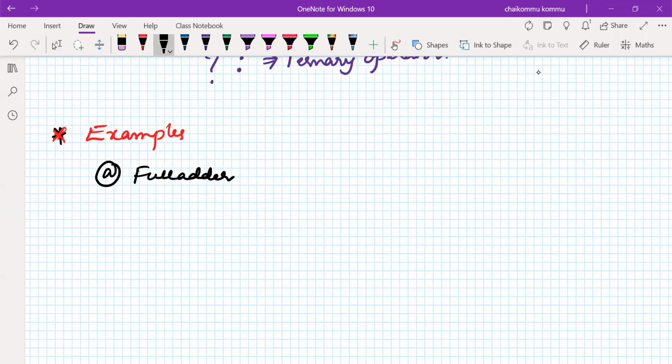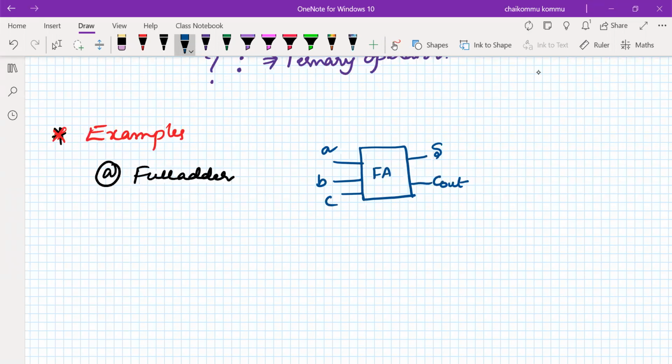If you want to describe any digital circuit, the first and foremost important thing is the black box. Whatever it may be, I need to consider it a black box, with only external information: A, B, C, and we have a sum signal and a Cout signal. It is a full adder.